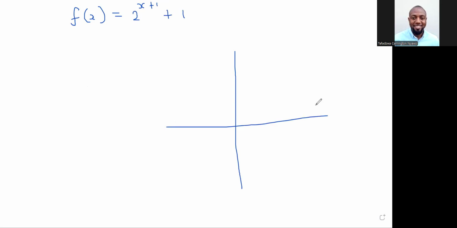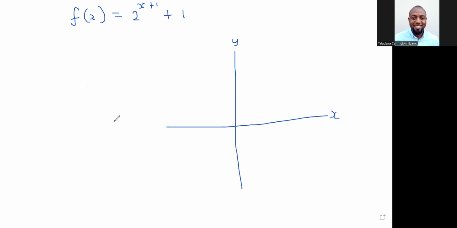The question says: sketch the graph of f of x is equal to 2 to the power of x plus 1, then plus 1 here, on a set of axes. The first thing I'll do is draw my Cartesian plane, my y-axis and my x-axis.